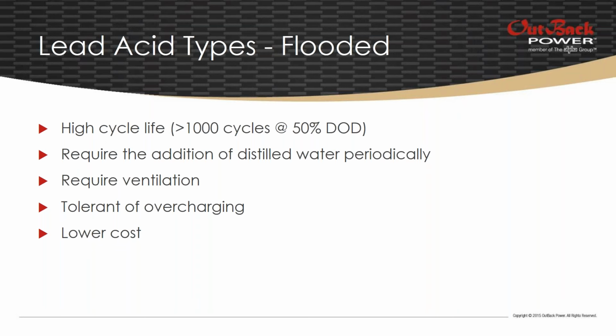Flooded batteries produce a lot of gas. Hydrogen is produced at the negative plate, and oxygen is produced at the positive plate. I'm delving a little bit into the chemistry here, but it is important to understand. Hydrogen and oxygen come from the electrolysis of water, so we're taking water and separating it into its component parts.